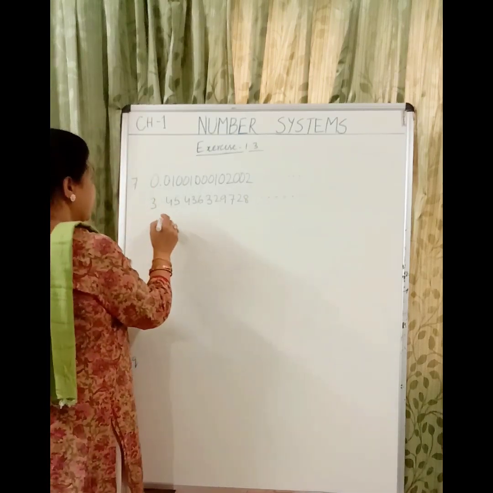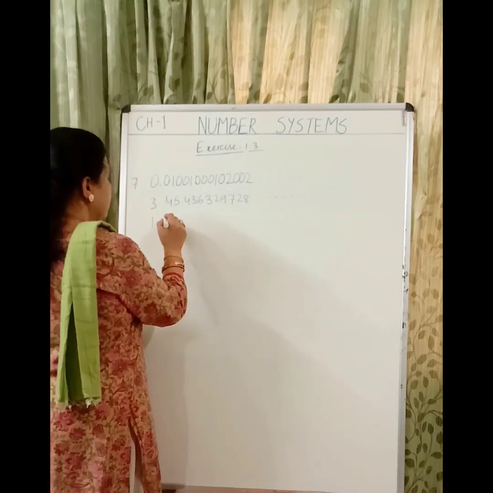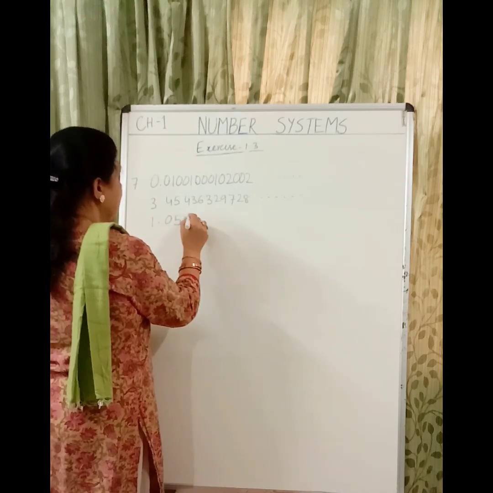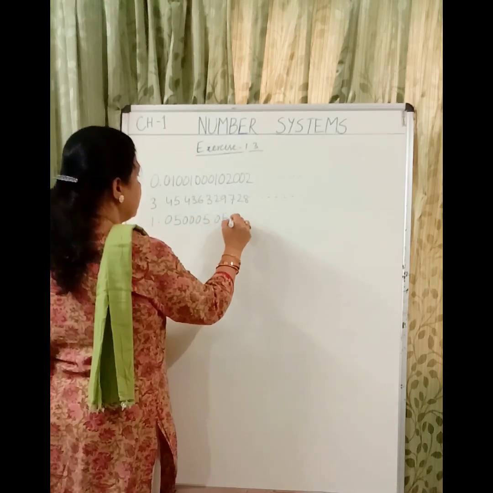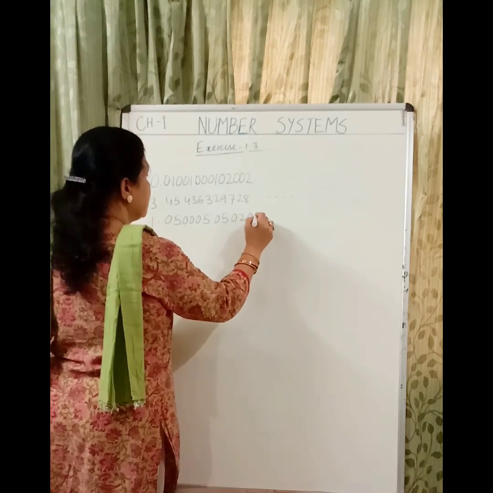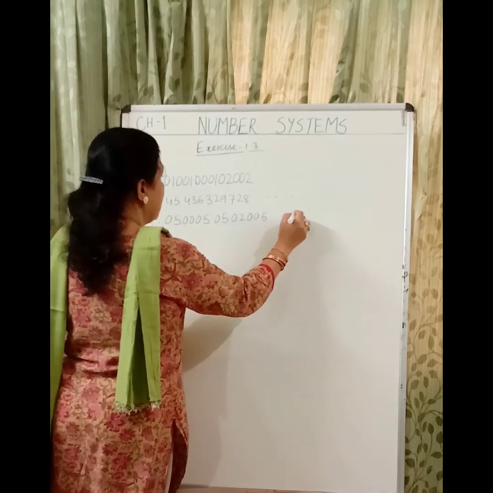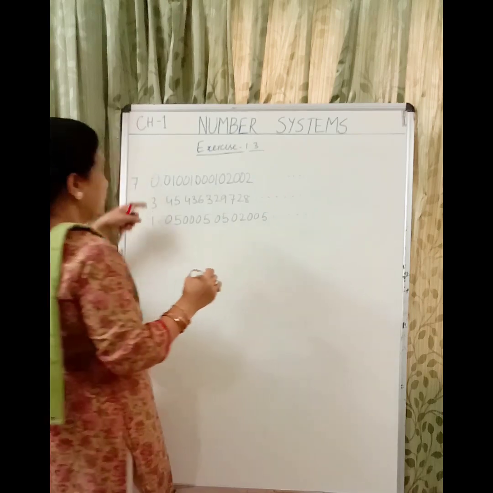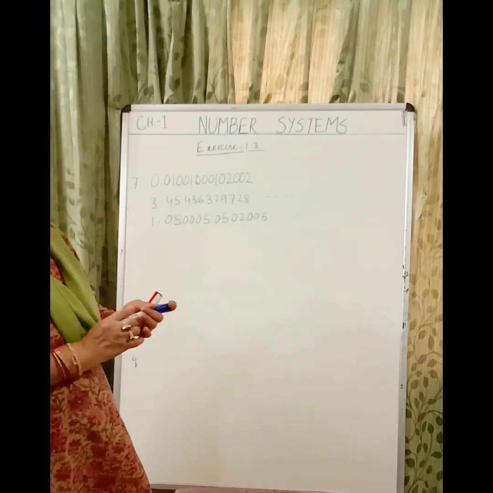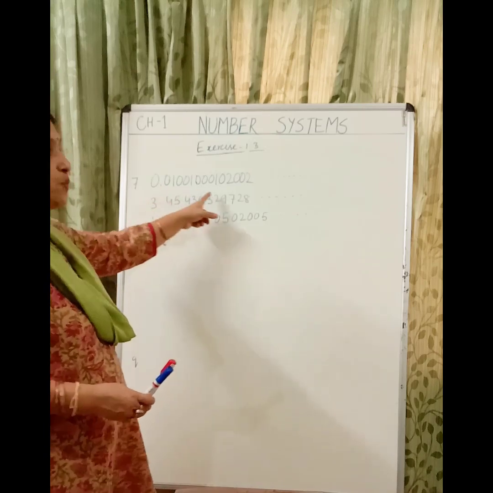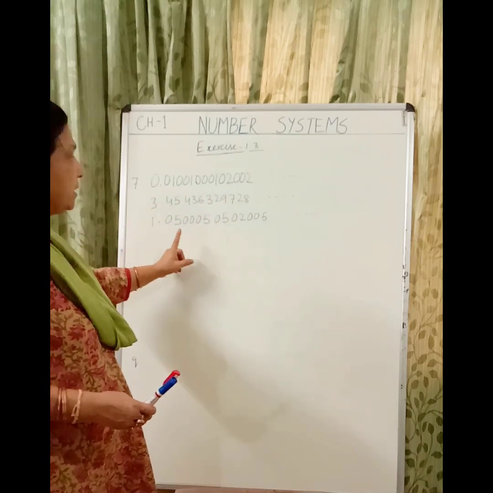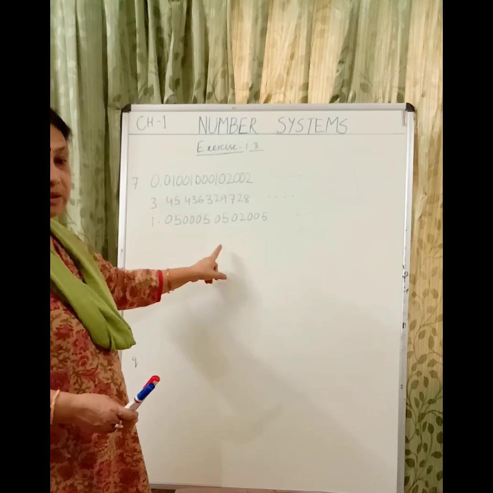One more example, 1.05, 0005, 05, 02, 005, and so on. So here we have taken 3 examples which have the decimal expansions as non-terminating, non-recurring decimal.